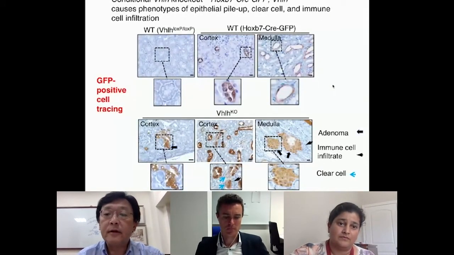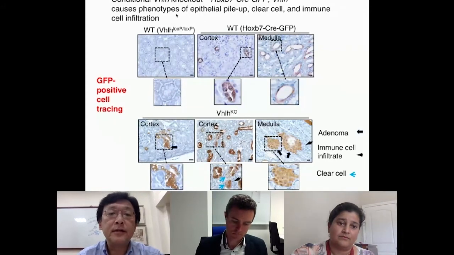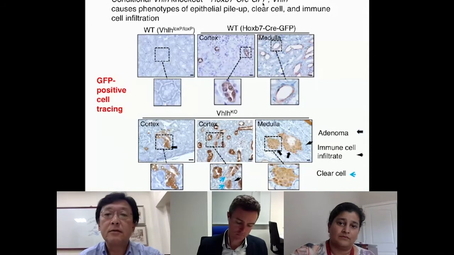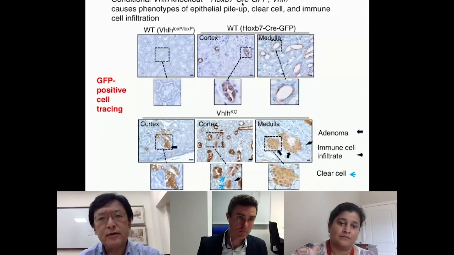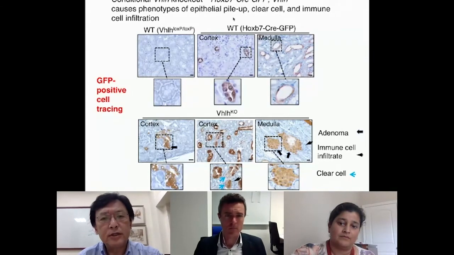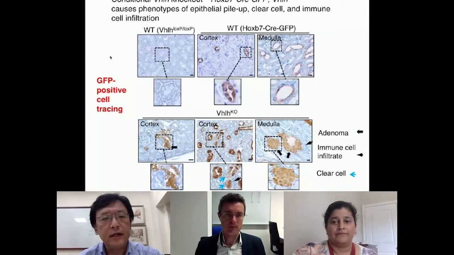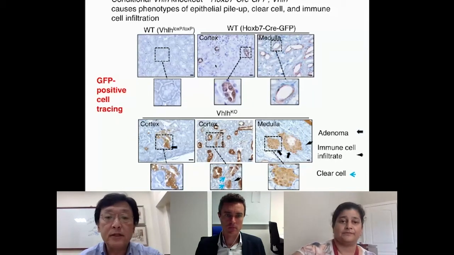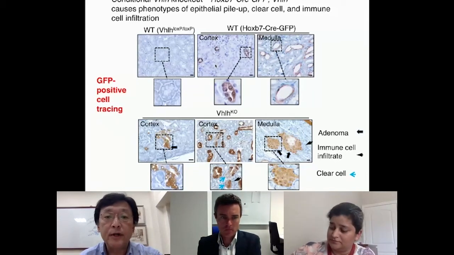A number of years ago, we generated a VHL conditional knockout using HOXP7 pre-GFP. When Andy McMahon generated this HOXP7 expression pattern, it was shown in collecting ducts. But in our hands, we found that in the adult, HOXP7 is actually expressed in the cortex.